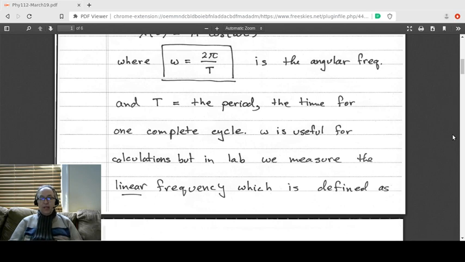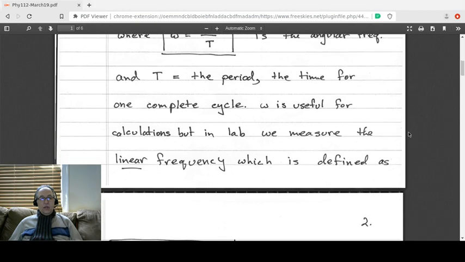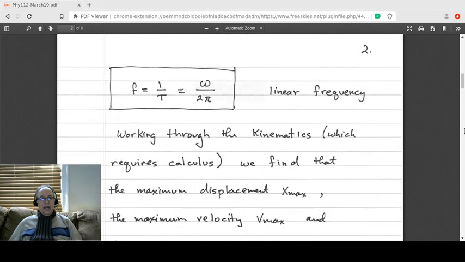What you wind up measuring in the lab is actually the linear frequency, which is just defined as the reciprocal of the period. So there's a relationship between linear frequency and angular frequency: there's an extra 2 pi in omega.